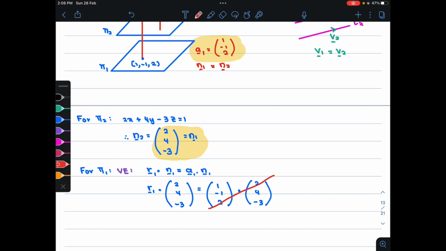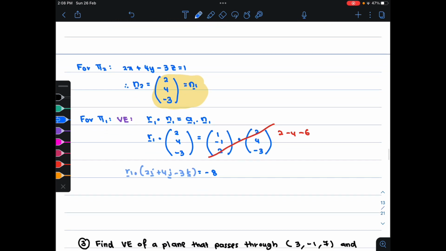And if we simplify the right hand side, we will get 2 minus 4 minus 6, which is negative 8. And for the left hand side, we need to write the vectors in i, j, and k. And this is the vector equation.